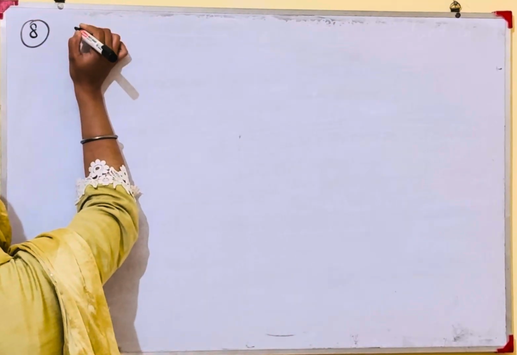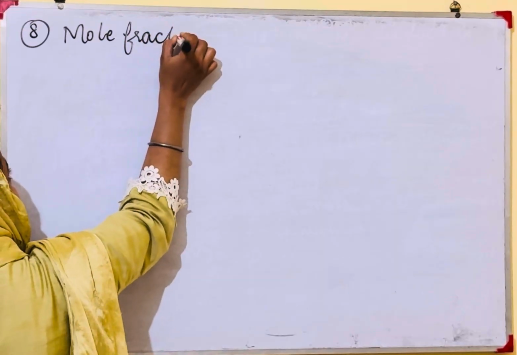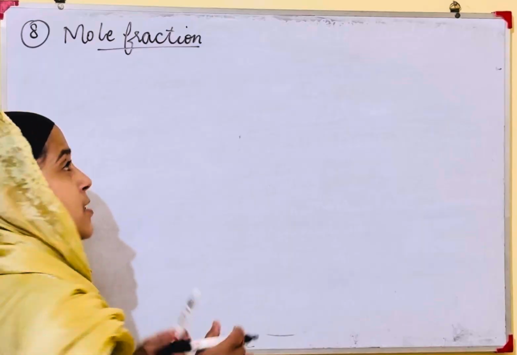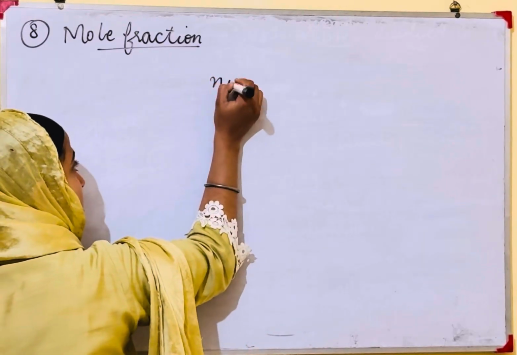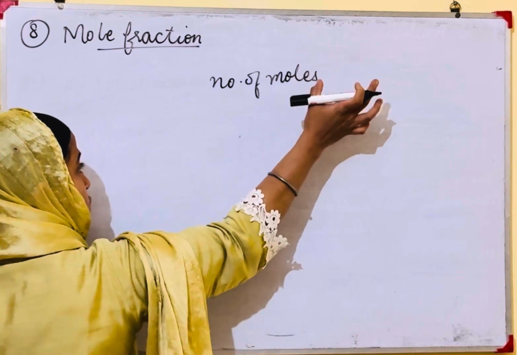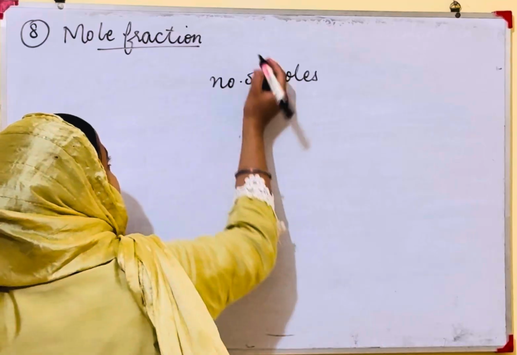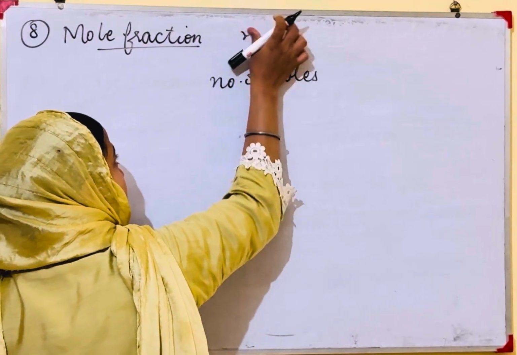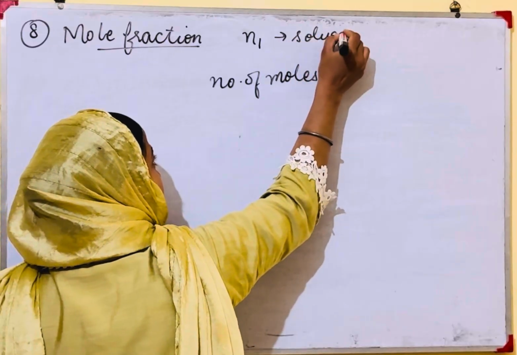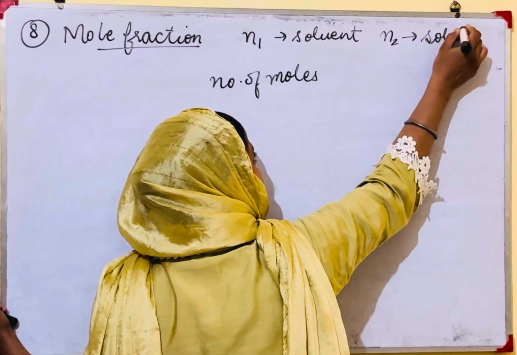Now next is mole fraction. The way to calculate the mole fraction is we have to consider number of moles of that component whose mole fraction we want to calculate. For example, N1 for solvent and N2 for solute.